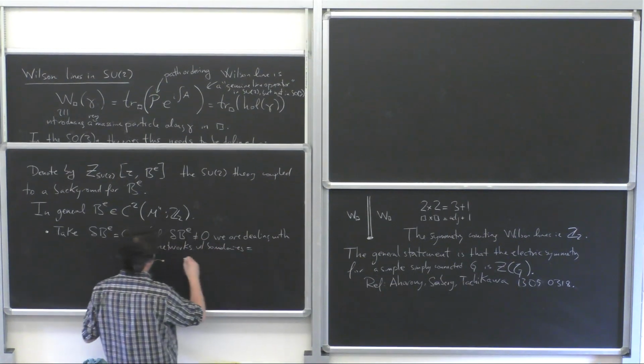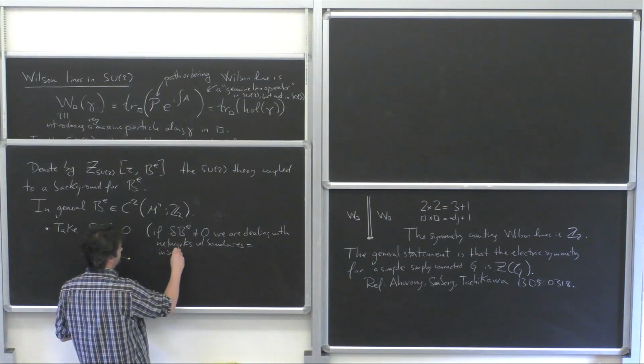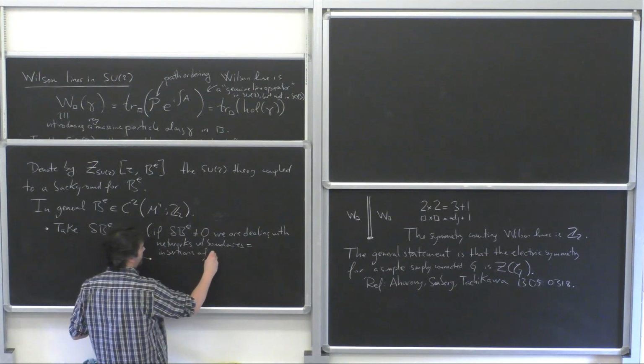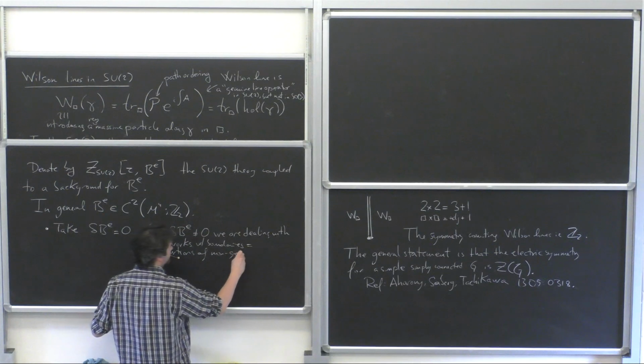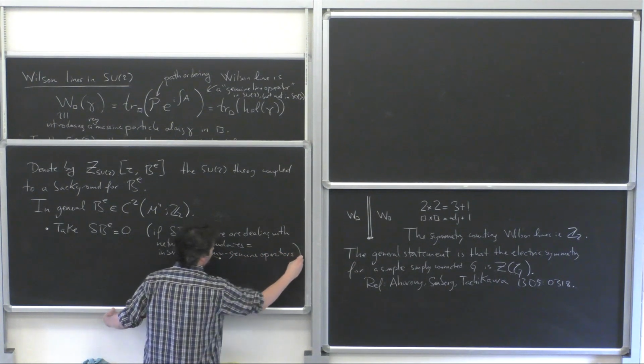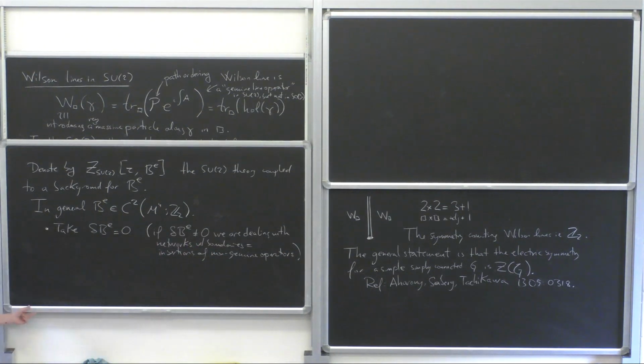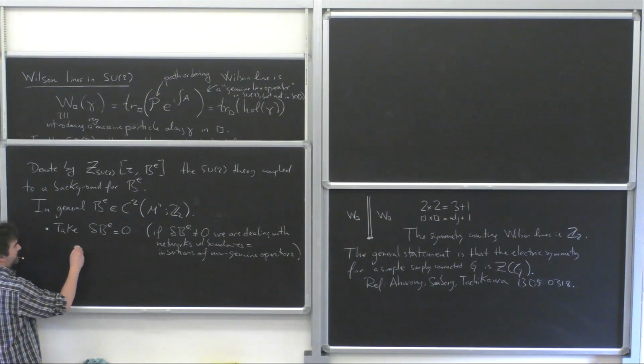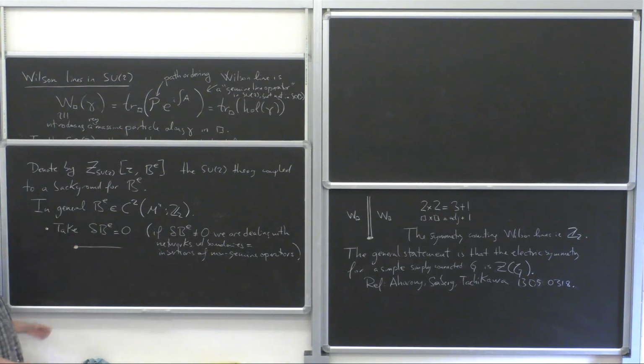And this is the same thing as insertions of non-genuine operators. Remember the picture? At some point I argued that whenever your background field is non-closed, effectively the junctions that are generated in the background end somewhere.